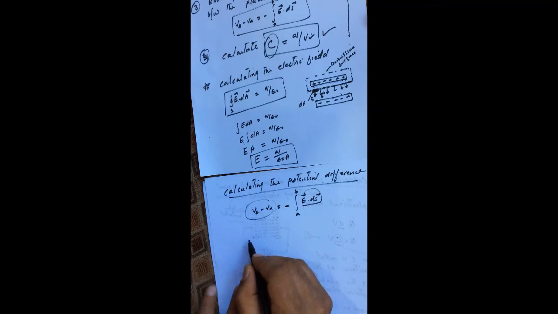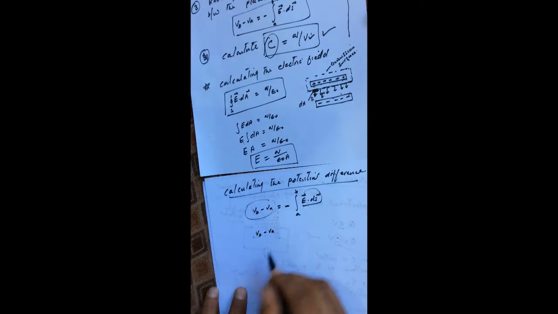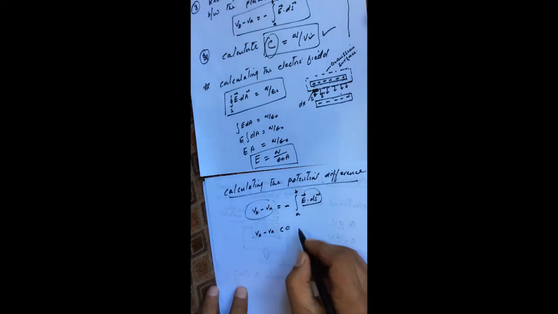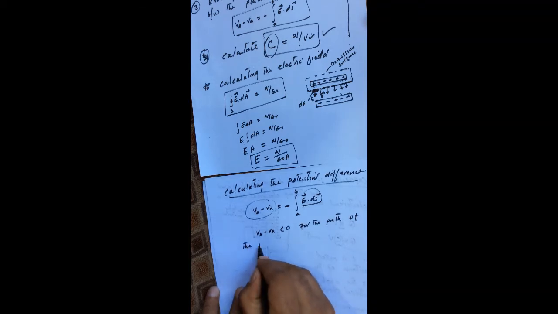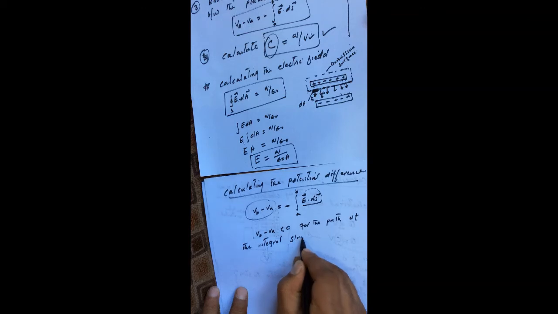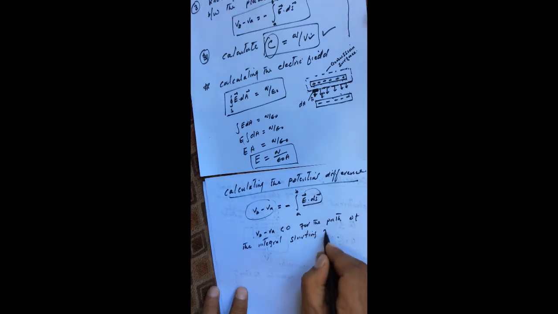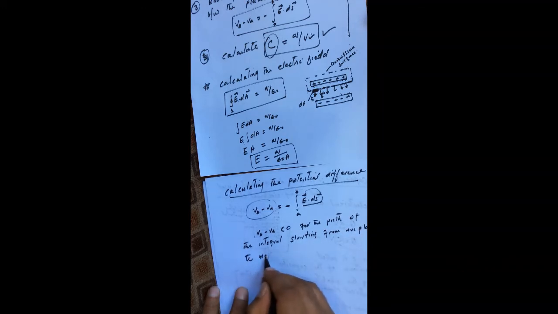We can say that the quantity VB minus VA is always less than 0, for the path of the integral starting from the positive plate to the negative plate.